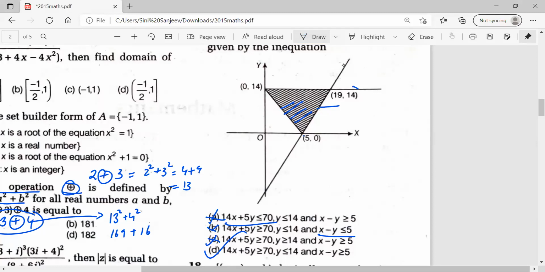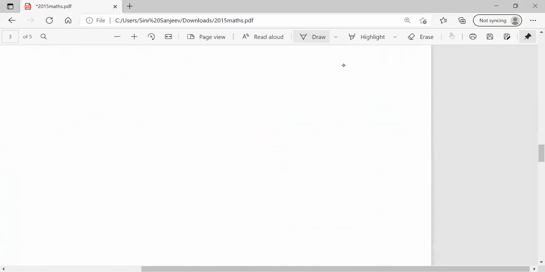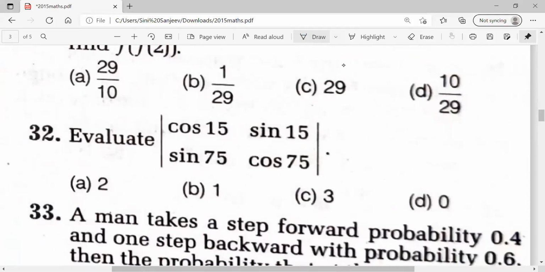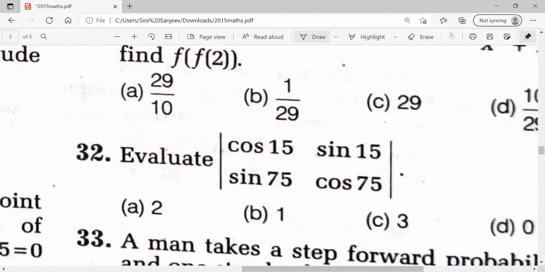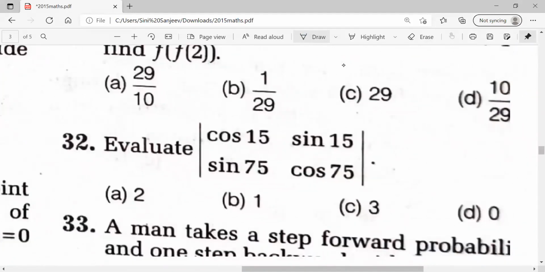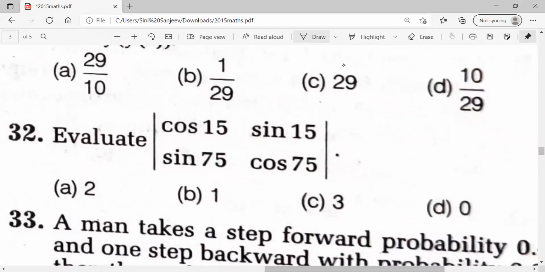Anyway, to cool down, those of you who did not get this, I'll give you one easy question to do. This I think you can do fast. 30-second one. Cos 15 and sin 15, sin 75 and cos 75. Cos A cos B minus sin A sin B. So what is the thing? 0.